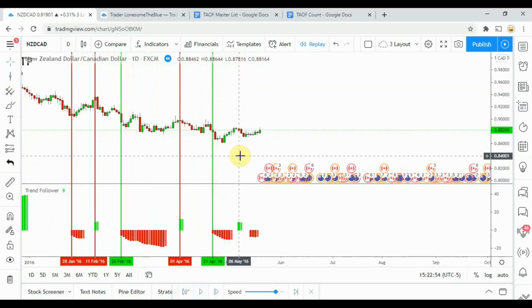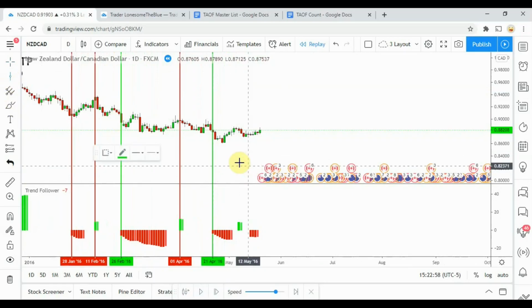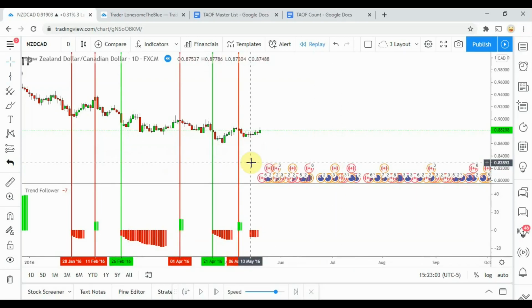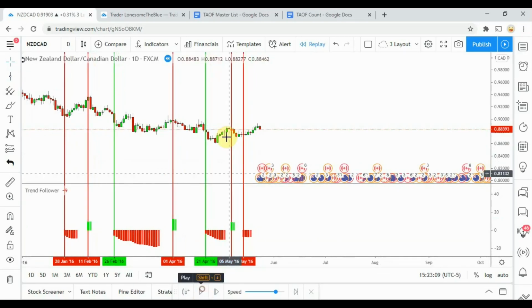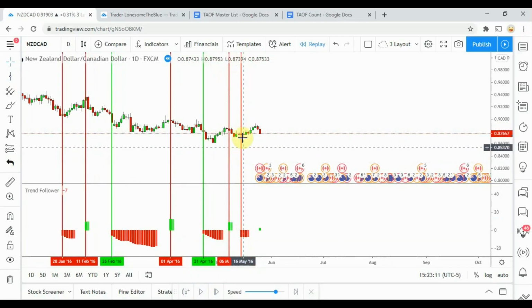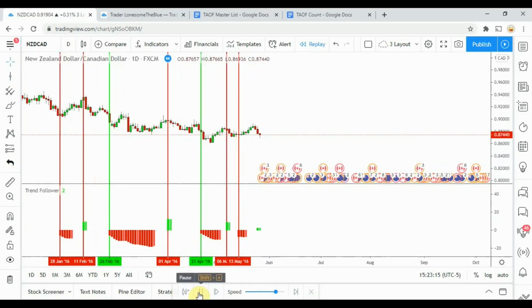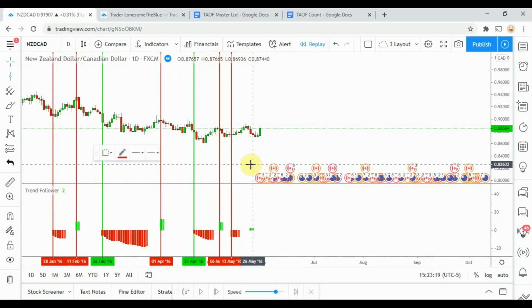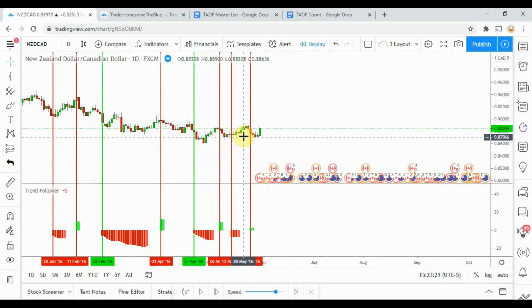Again, hopefully it can start to iron itself out here. Picked up a short there. That one got us stopped out. Picked up a long here.